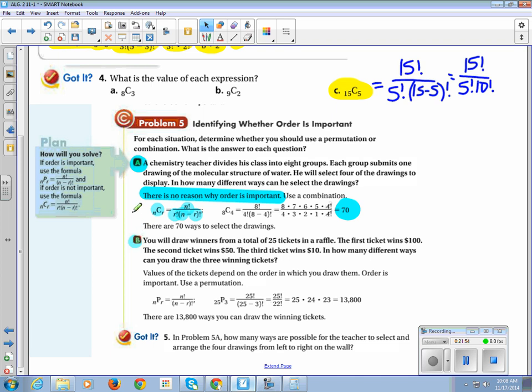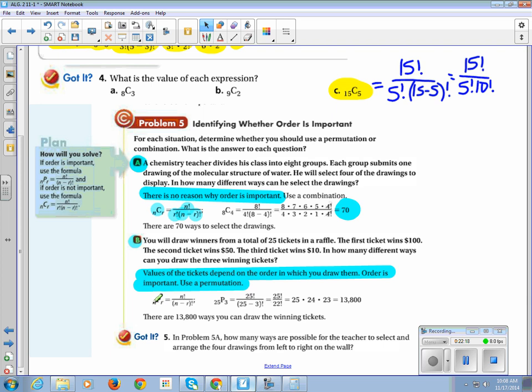Okay, let's look at B. You'll draw winners from a total of 25 tickets in a raffle. The first ticket wins 100, second ticket wins 50, third ticket wins 10. In how many different ways can you draw the 3 winning tickets? The values of the tickets depend on the order in which you draw them. Order is important. You have to use permutation.